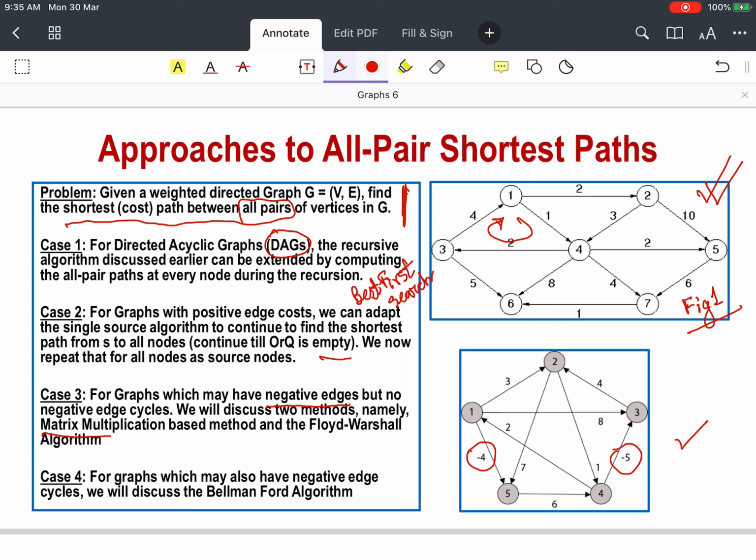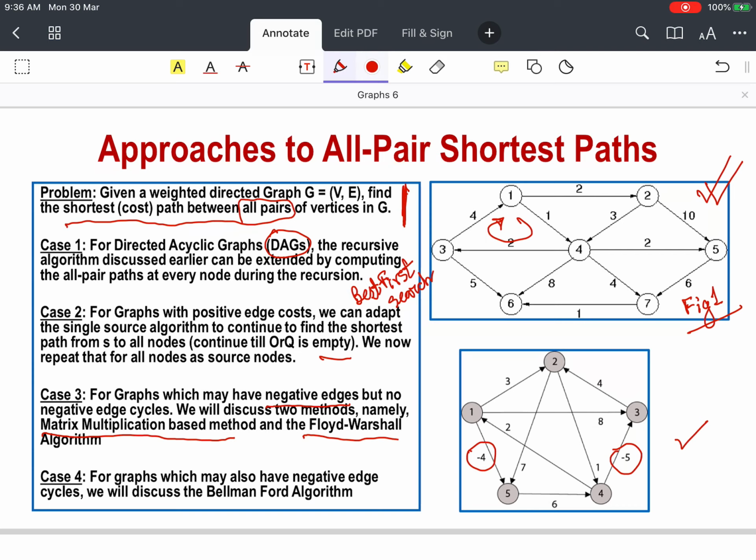And here we discuss two types of algorithms. One is a matrix multiplication based algorithm, and second is a very famous algorithm called the Floyd-Warshall algorithm. The matrix multiplication based algorithm may also help in detection of negative cycles.